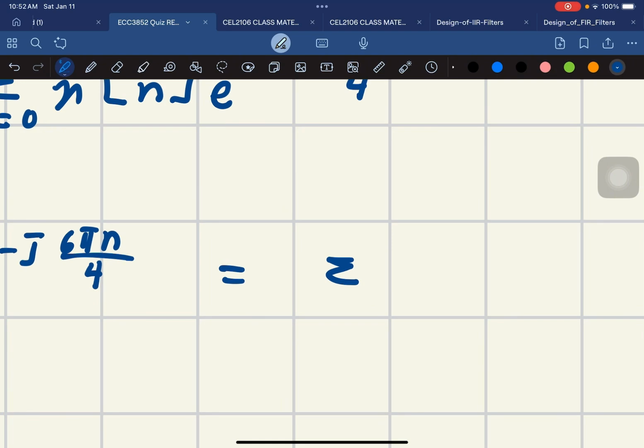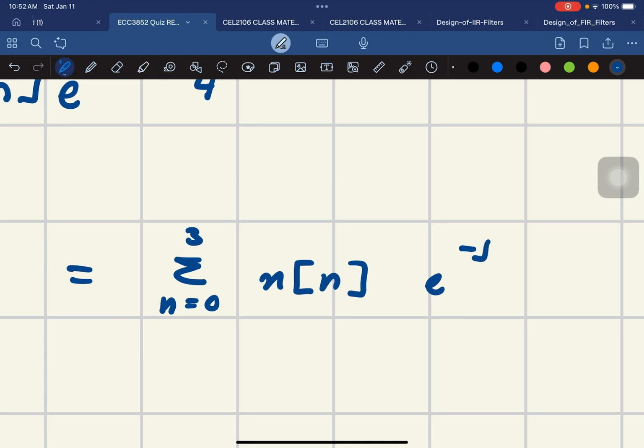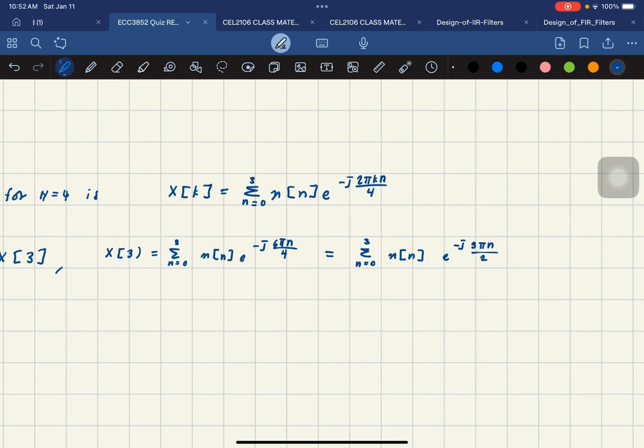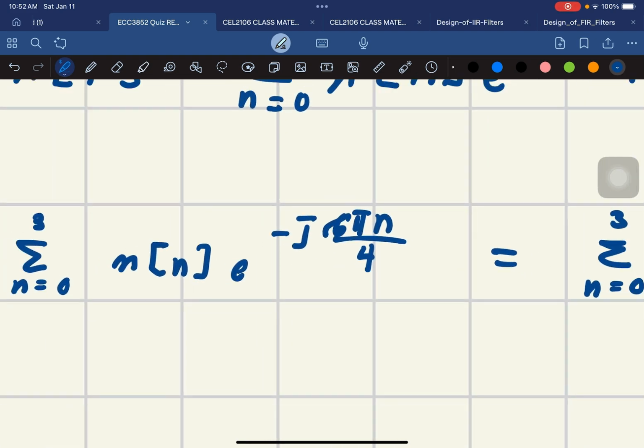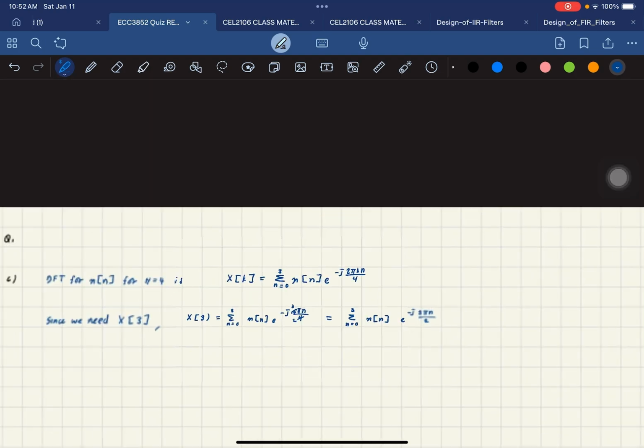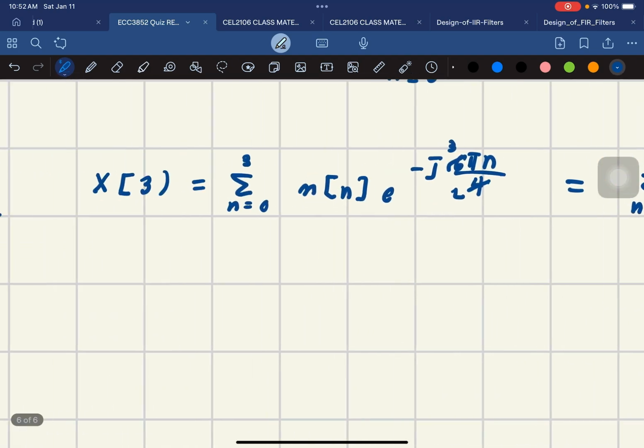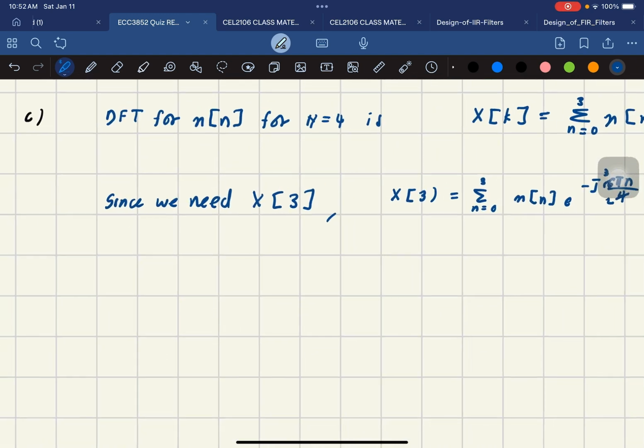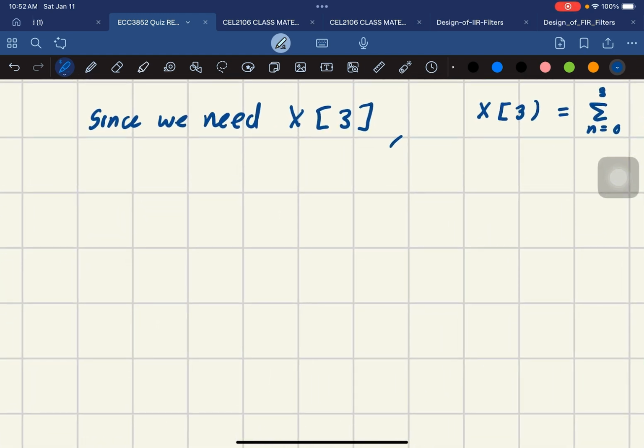So we simplify, it will be s[n] e^(negative j 3 pi n over 2), because we multiplied 3 by 2. So we got this. So we will substitute s[0], s[1], s[2], s[3].